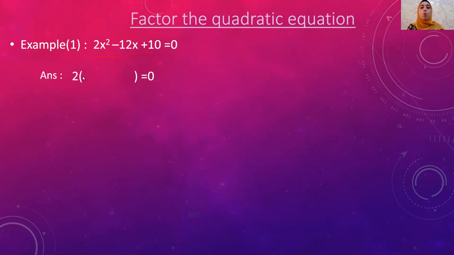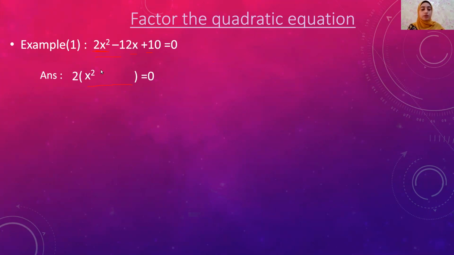Now I factor out 2. Okay, what do we have left inside the bracket? Well, for the first term, 2x squared, factor out the 2. What do we have left? Well, we have left x power 2, or x squared.